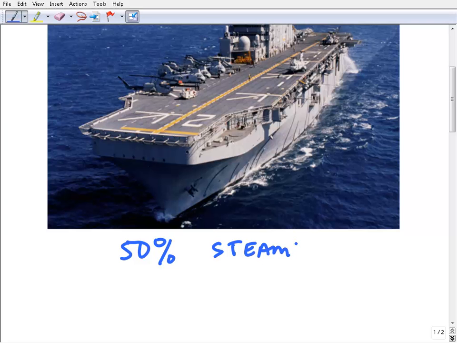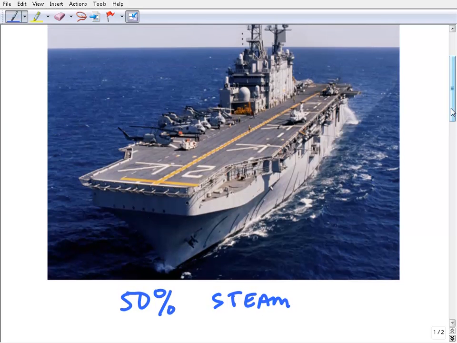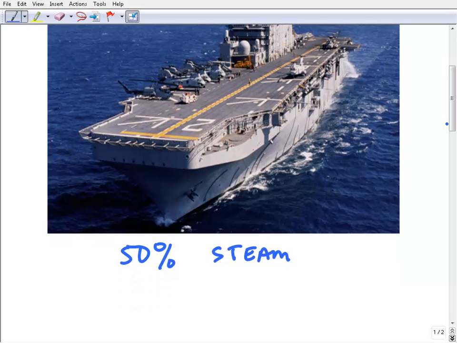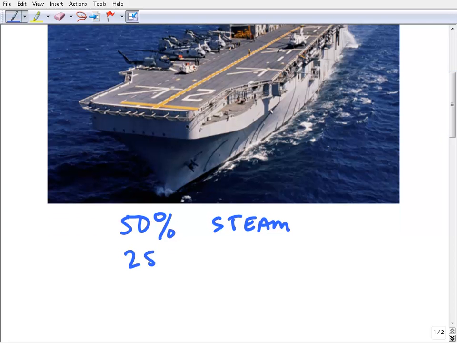So that leads us to the next question. Well, if ships don't go through the water via a steam plant, how else do they work? I'm just kind of making these numbers up, and they might be off as well, but I don't think they're too dramatically off.